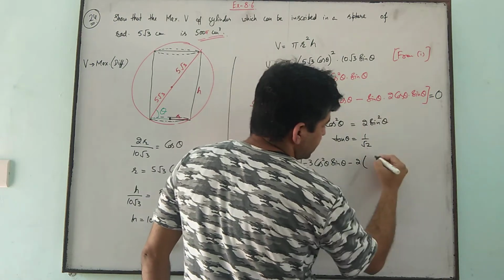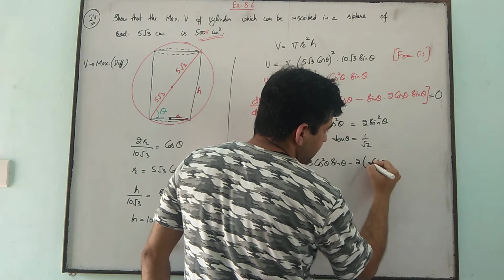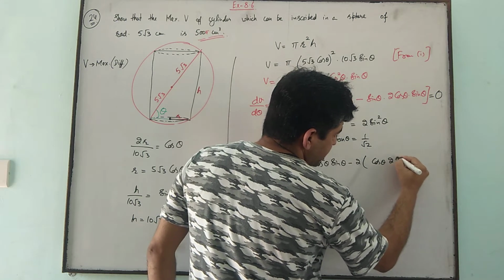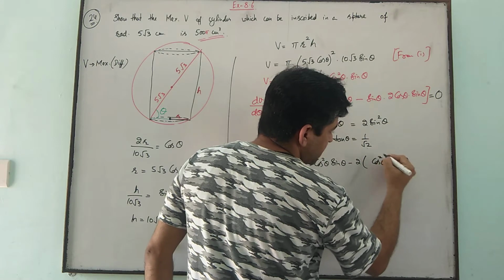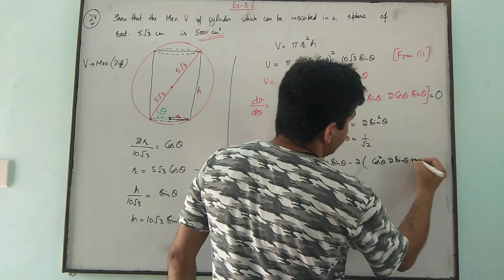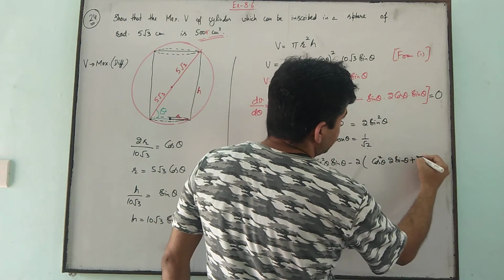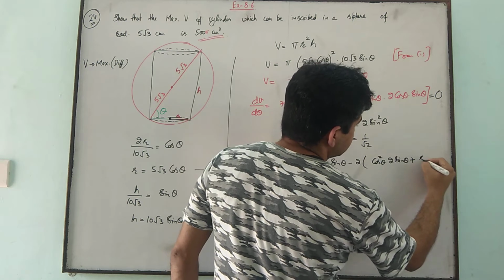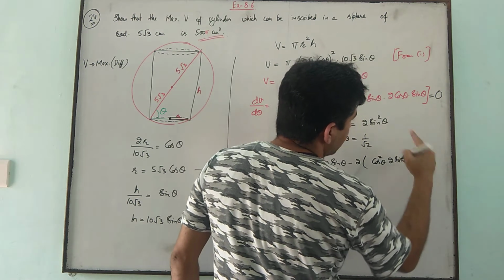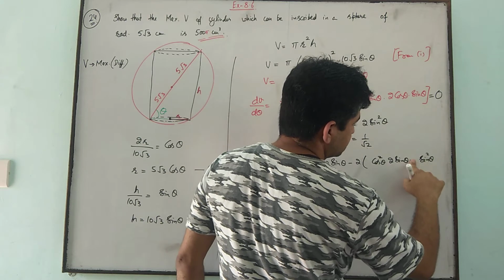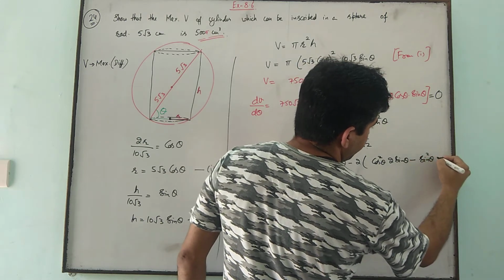Cos theta into sin square theta. Cos theta as it is for sin square theta, 2 sin theta cos theta, plus u into v you have to apply. Then sin square theta as it is for cos theta, minus sin theta.